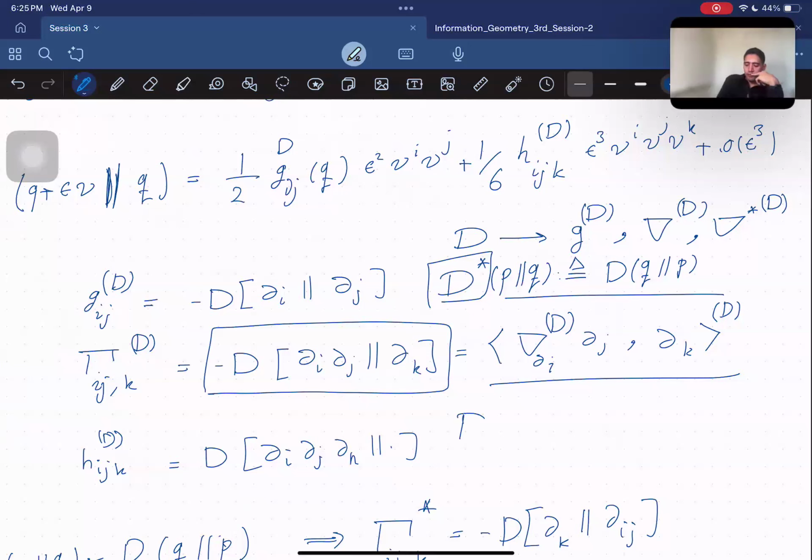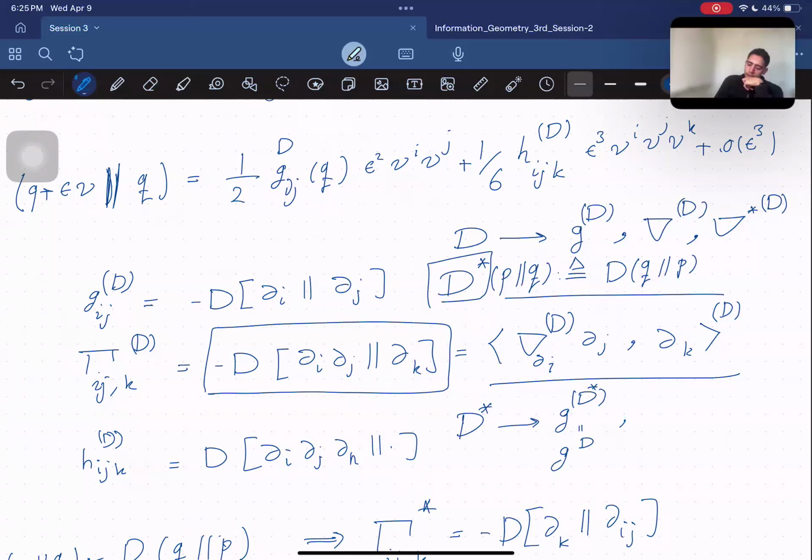So if I start with D star instead of D, it would give me the same, which equals G of D.